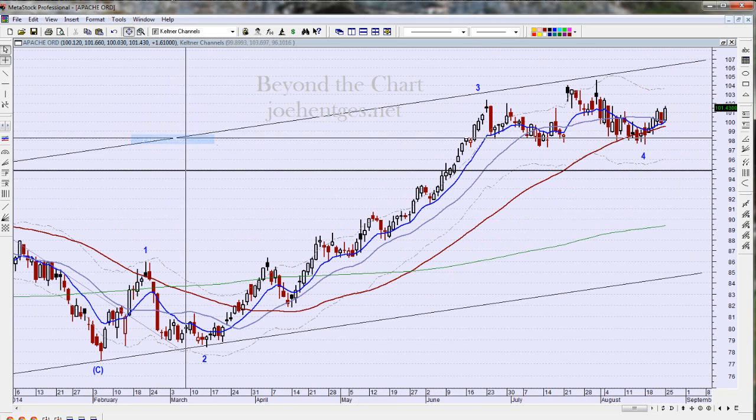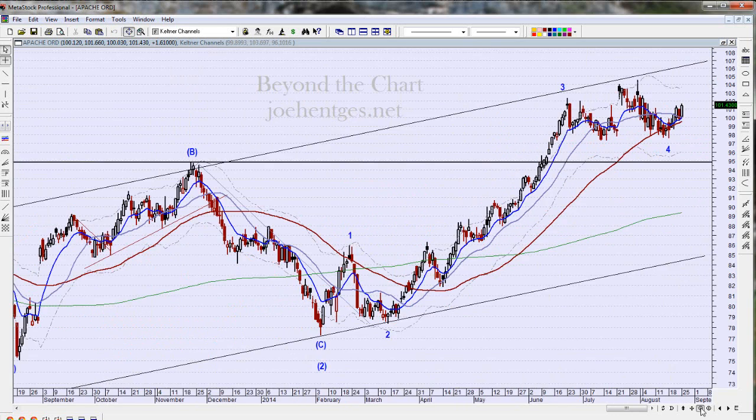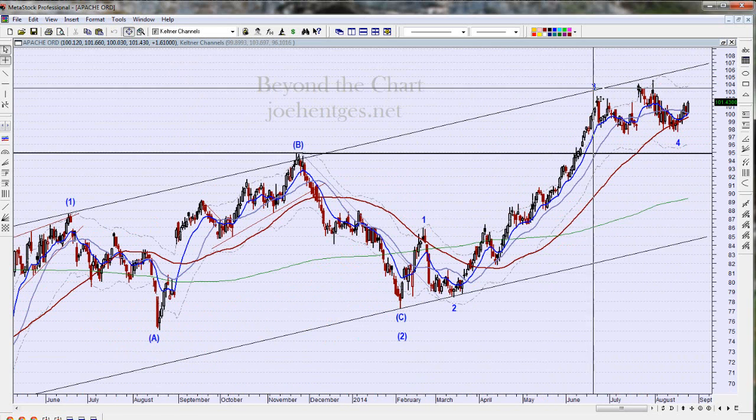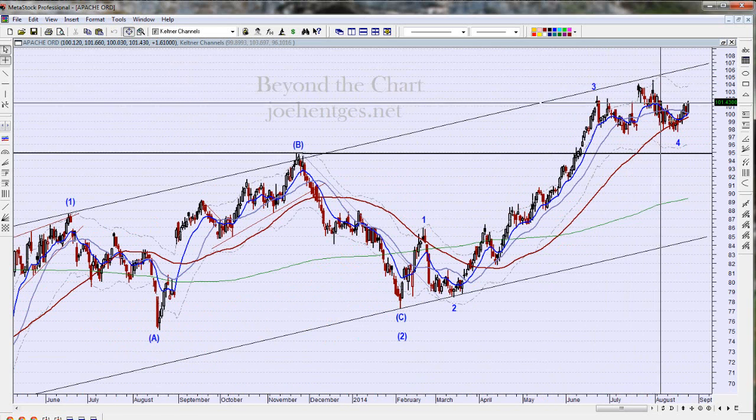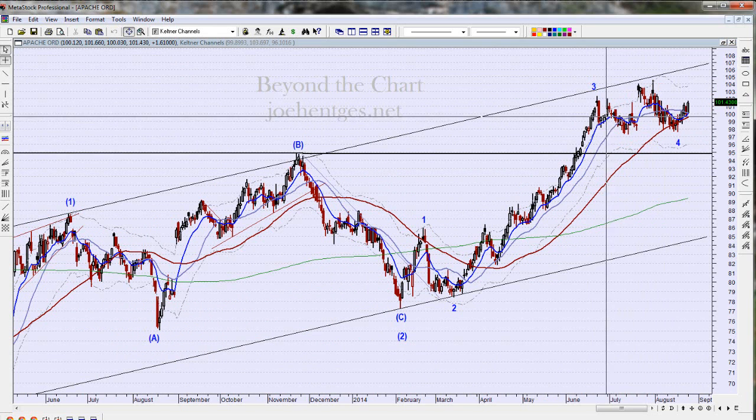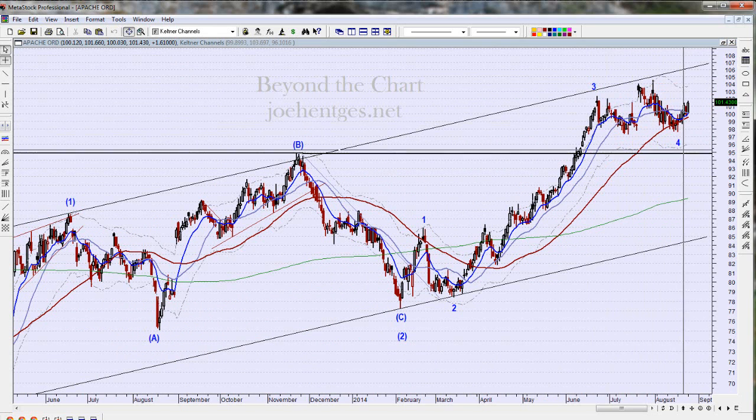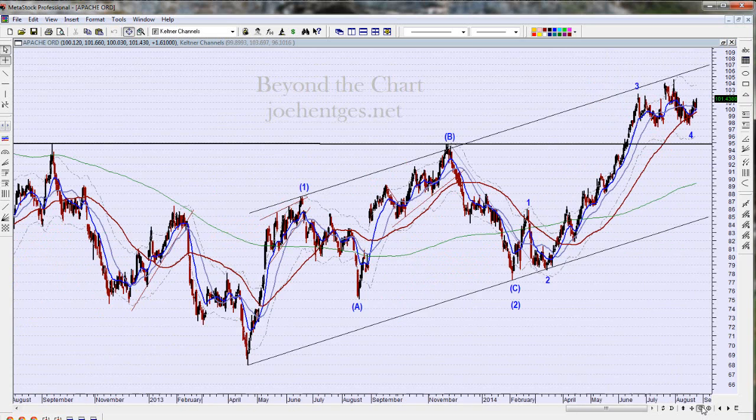All right, let's look at Apache. Apache's been a great uptrend here, and ever since the middle of June, it's been in this corrective pattern, and I've been trying to figure out what exactly it is doing. I've adjusted the wave count also. I thought maybe that this was intermediate 2, and that somehow this is all part of 3.